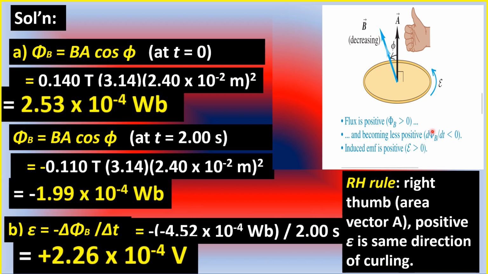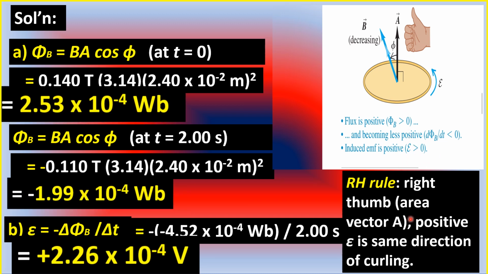So, if that is the case, if you curl your four fingers while your thumb is pointing towards the direction of the area vector, the curling of your four fingers will represent the direction of the induced EMF.